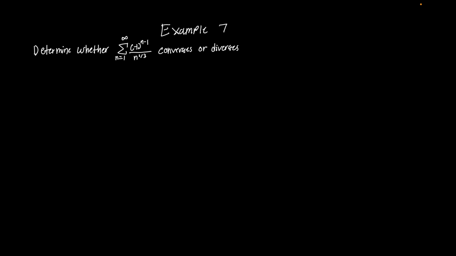So our natural choice will be the alternating series test. So our first thing, we're going to identify the term. So I'm going to rewrite the series, by the way, like I always do. So n equals 1 to infinity of -1 to the n minus 1 multiplied by 1 over n to the 1/3.